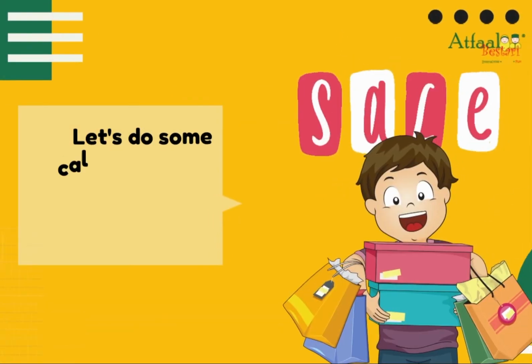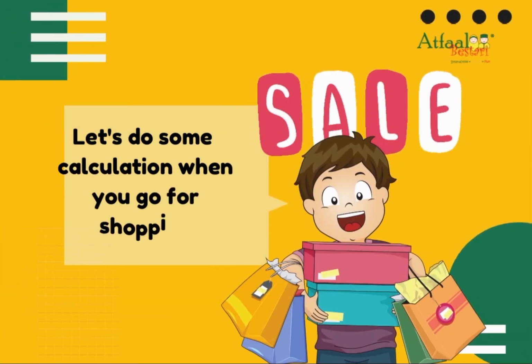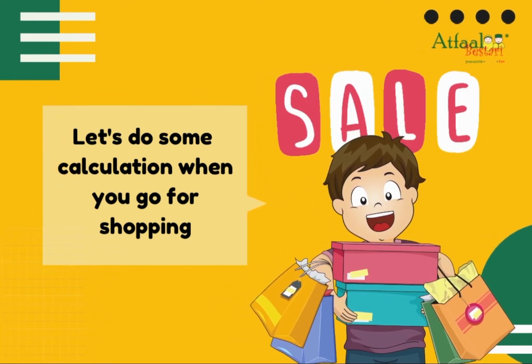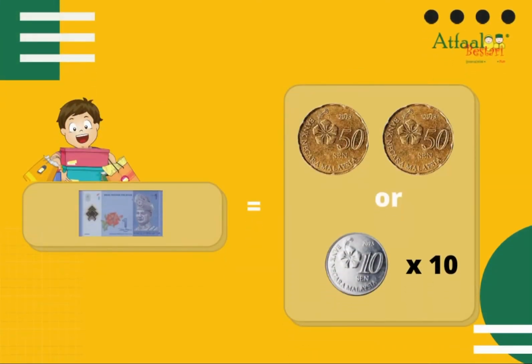Let's do some calculation when you go for shopping. The first example is 1 ringgit equal 2 times of 50 cent. And 1 ringgit also equal 10 times of 10 cent.